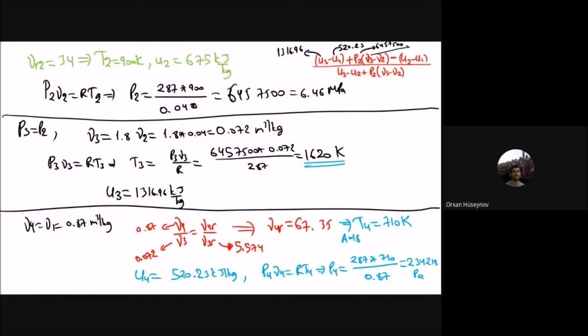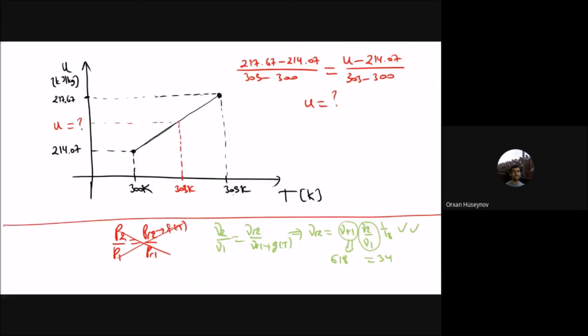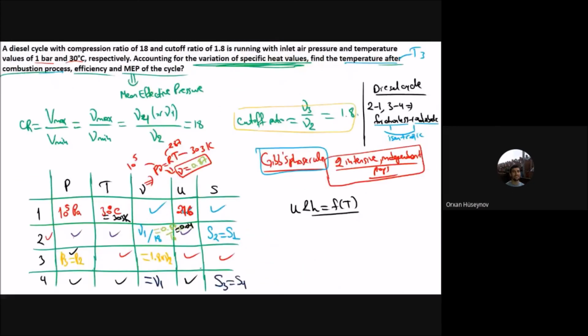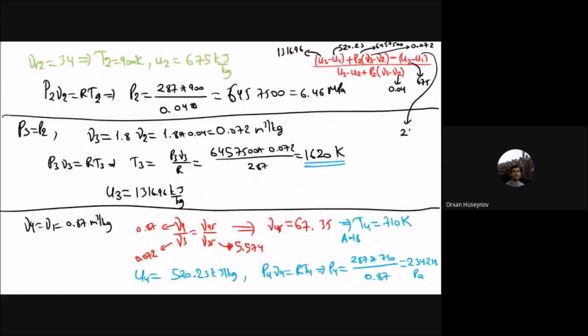The specific volume at 3 is 0.072, and the specific volume at 2 is 0.04. The internal energy at state 2 is 675, and the internal energy at 1, going back to the previous state, is 216.260. Now calculate the value here and tell me the final result and finish the lecture.